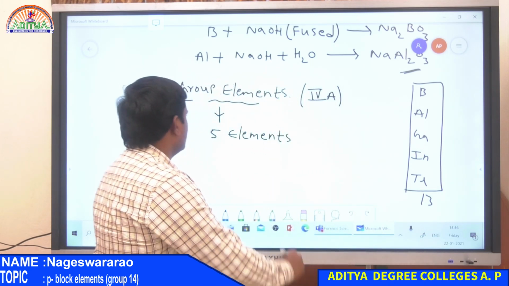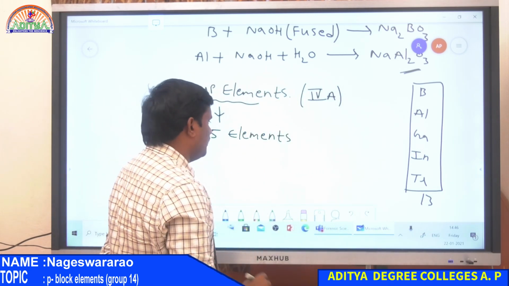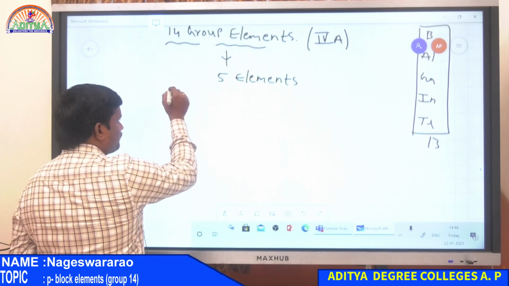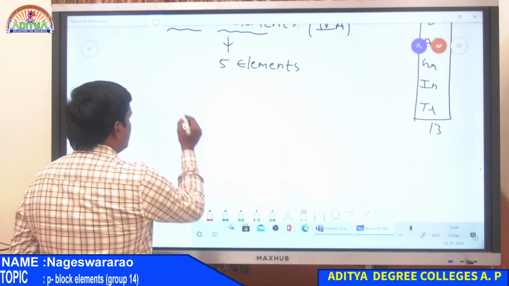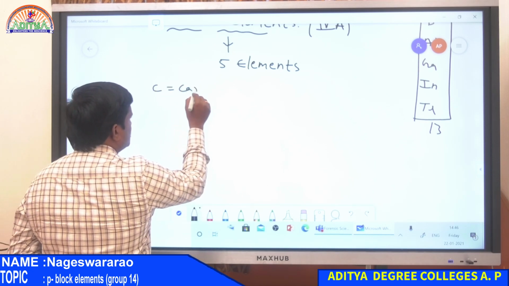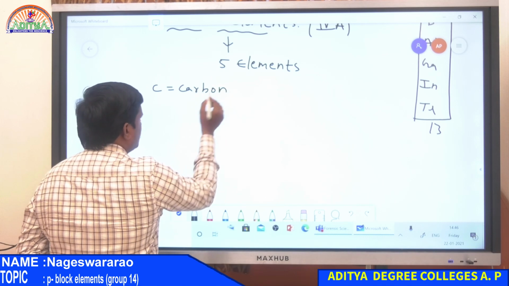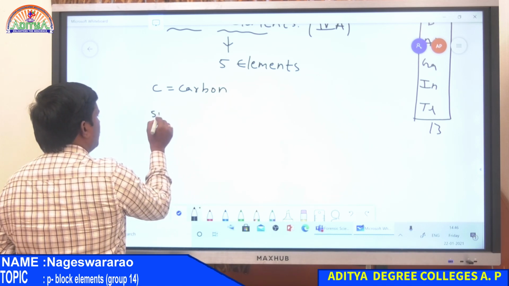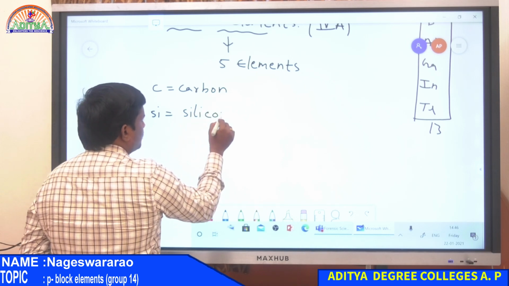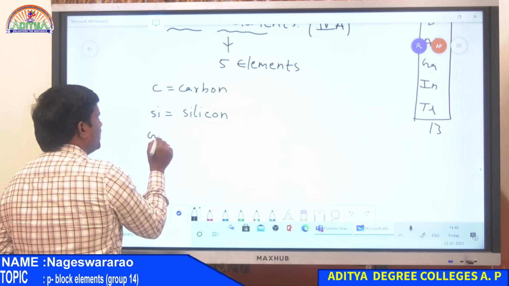Similarly, the 14th group also contains 5 elements, and the first one is carbon. Next one is silicon. Next one is germanium.